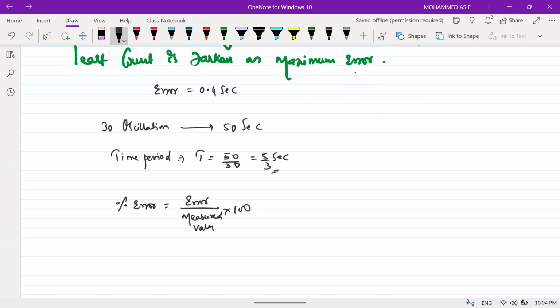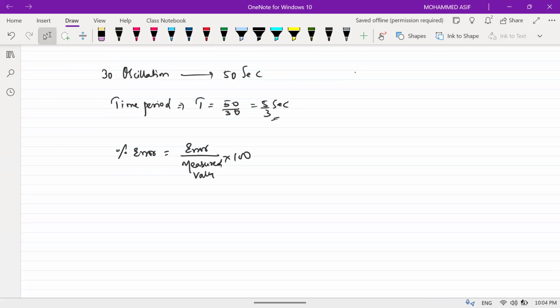That is it for percentage error. How much is the error? Least count, 0.4. Measured value is how much? 50, into 100. Am I clear? So percentage error in time period is how much? This 0 will get cancelled, so this is 5 ones, this is 5 twos, so 2 into 0.8, which equals 0.8%.